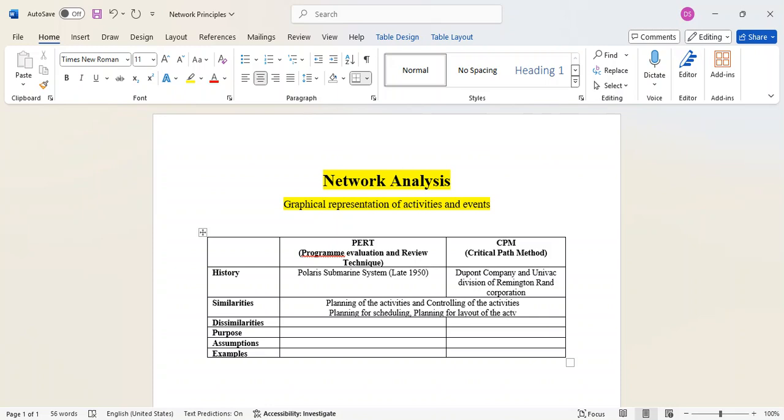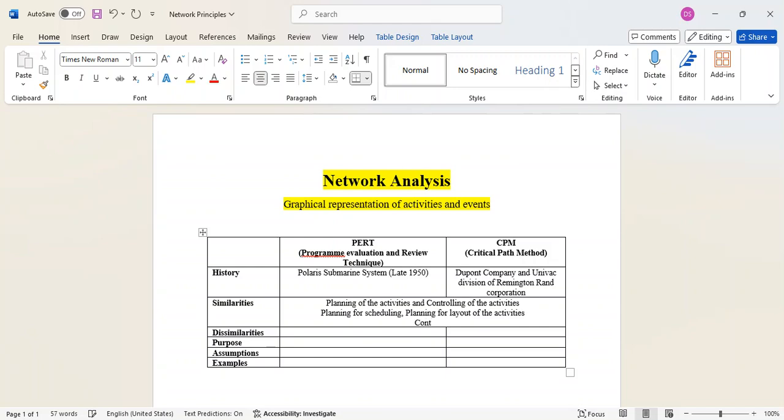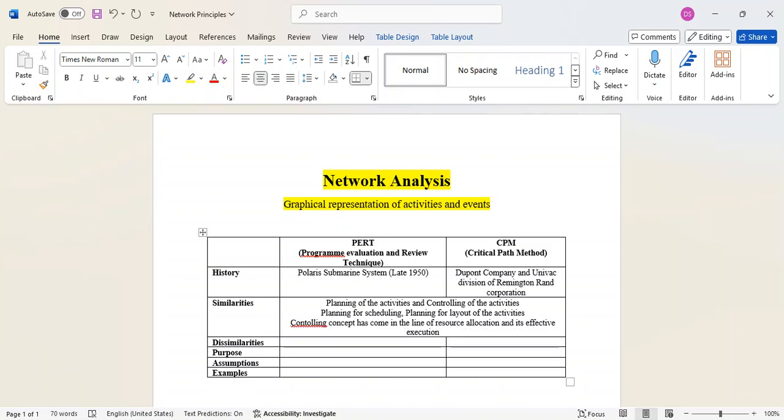These are the scenarios where PERT and CPM come into the picture in the planning period. The controlling concept comes in the line of resource allocation and its effective execution.